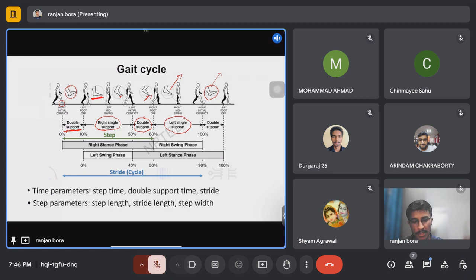The left foot is in contact and the right foot is in the air, swinging. Then again the double support phase. So it has the right stance phase, right swing phase, then left swing phase and left stance phase. See this percentage, how much percentage; you can be asked, like, what is the percentage of the double support phase.